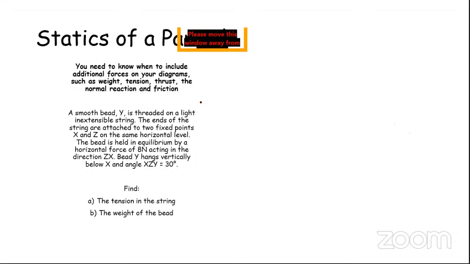The bead is held in equilibrium by a horizontal force of 8 Newton acting in the direction ZX. Bead Y hangs vertically below X and angle XZY is equal to 30. So we find the tension in the string and the weight of the bead.